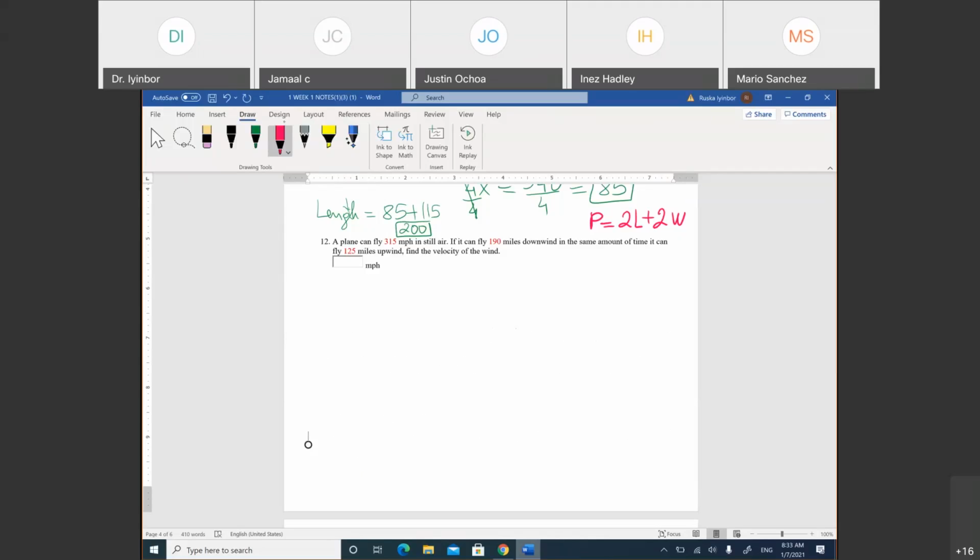So what is the distance equal to? The rate times the time. Okay? So this is the formula you're going to use. Everybody knows that formula, right?